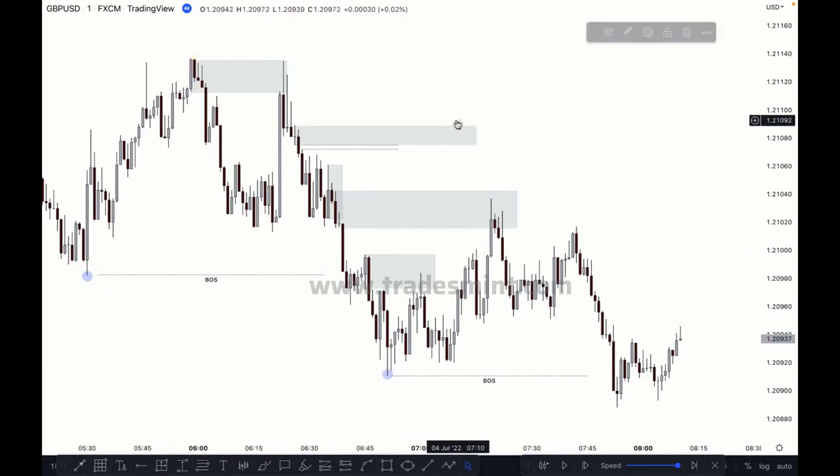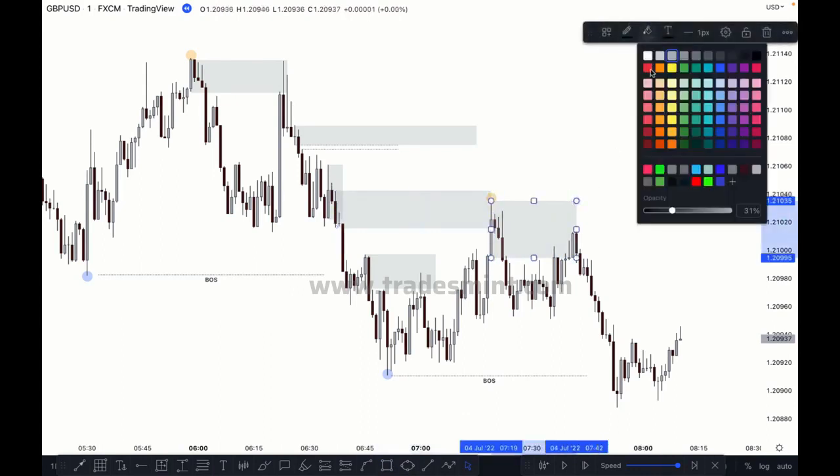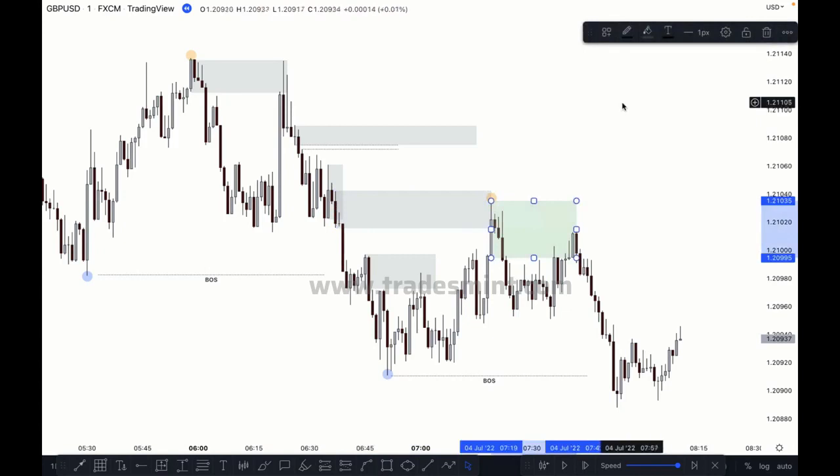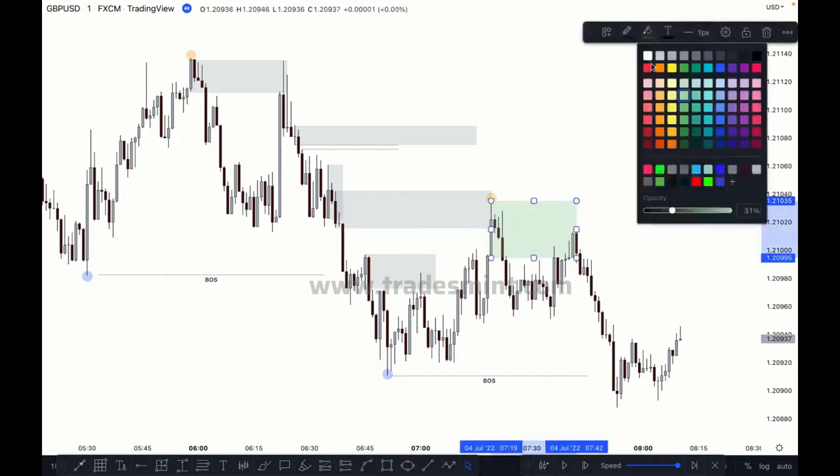Where is the last buying candle before the sell? You have to mark first, this was the last buying candle before the sell, which is already mitigated, so it is no longer valid.